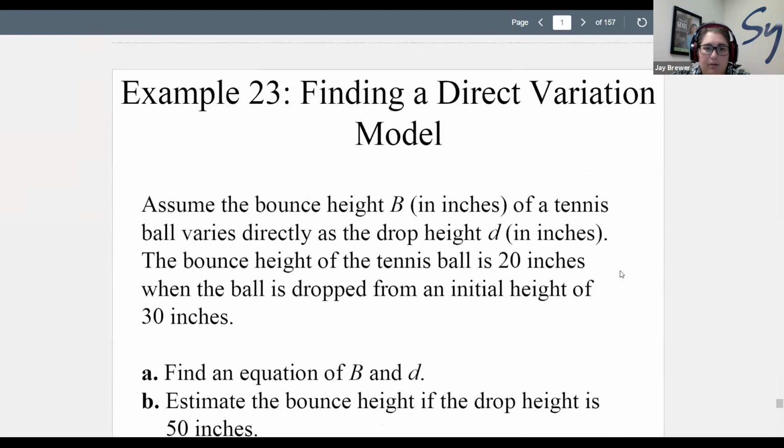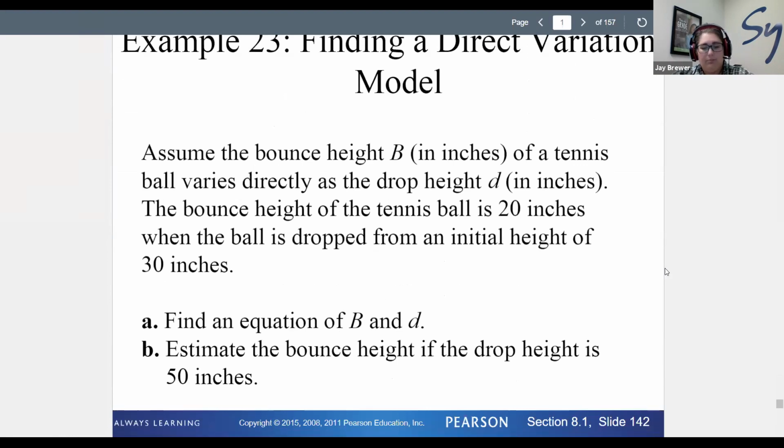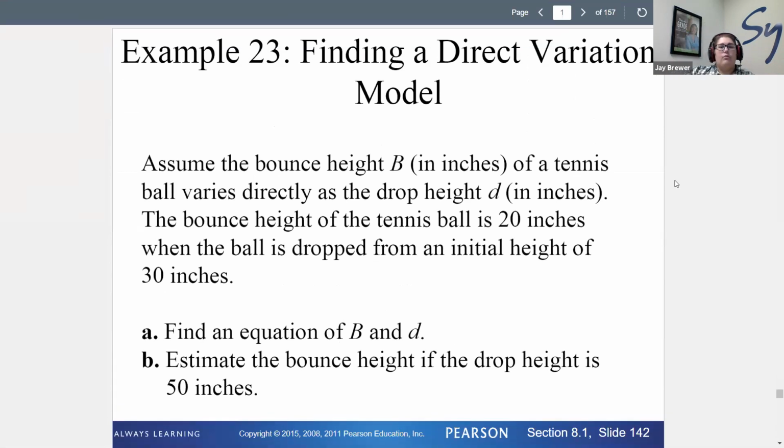All right. So this next problem is an application. Okay, it's an application-based problem. We have to assume the bounce height b in inches of a tennis ball varies directly as the drop height d in inches.